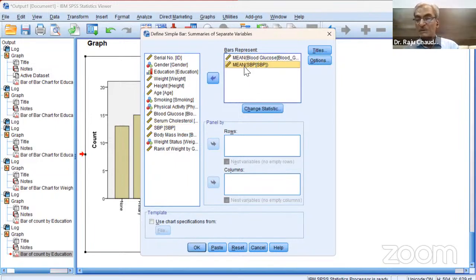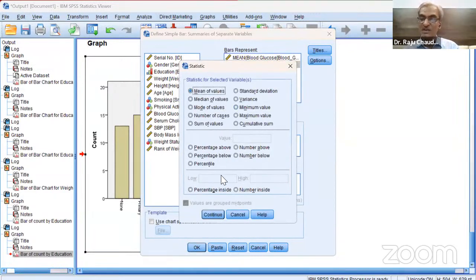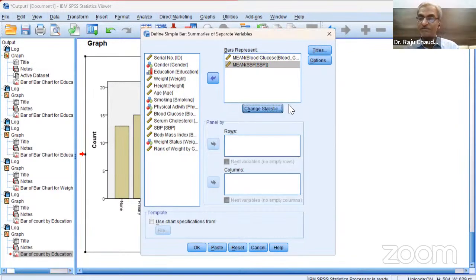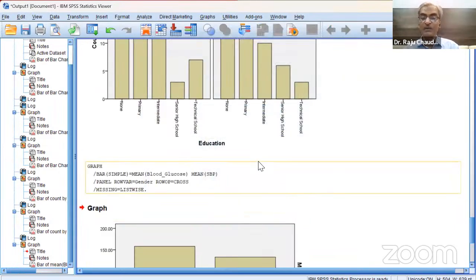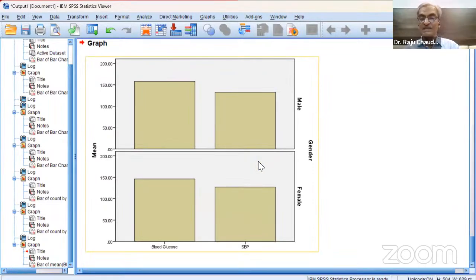As I told you previously, by default the statistic is taken as mean, but you can change the statistic from here. Then I want to summarize these two numeric variables by gender, row wise or column wise. That means panel. When I click OK, you can see this.